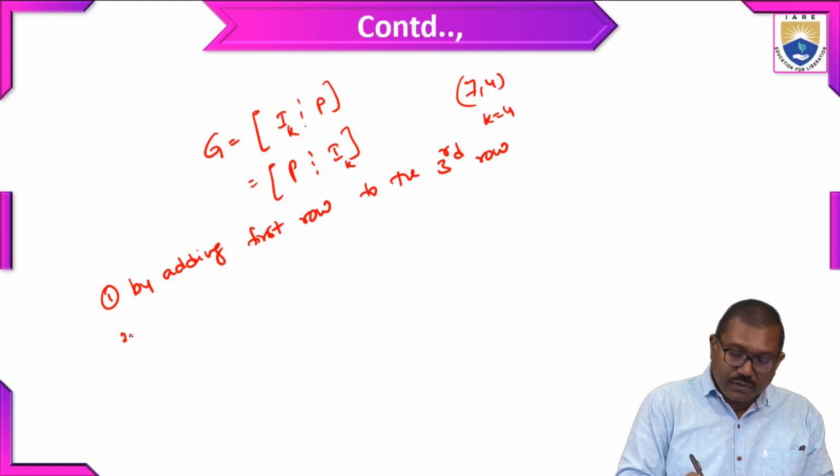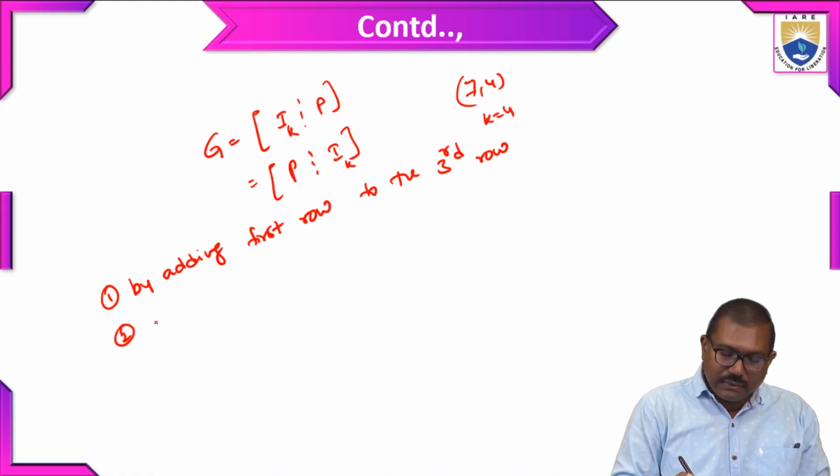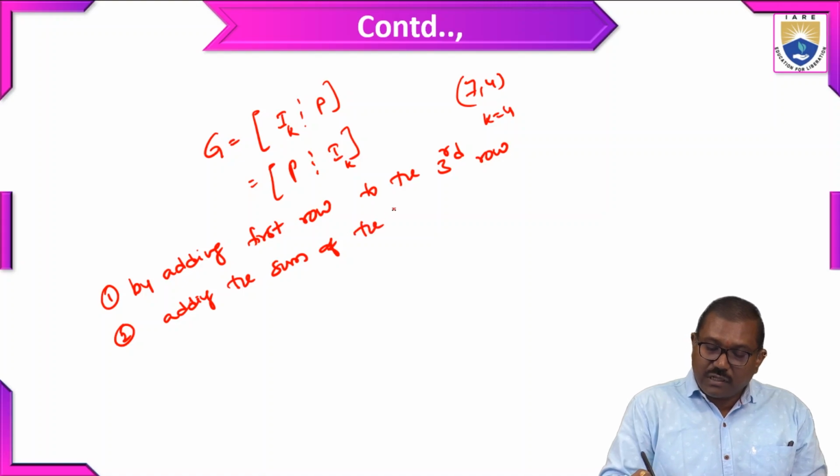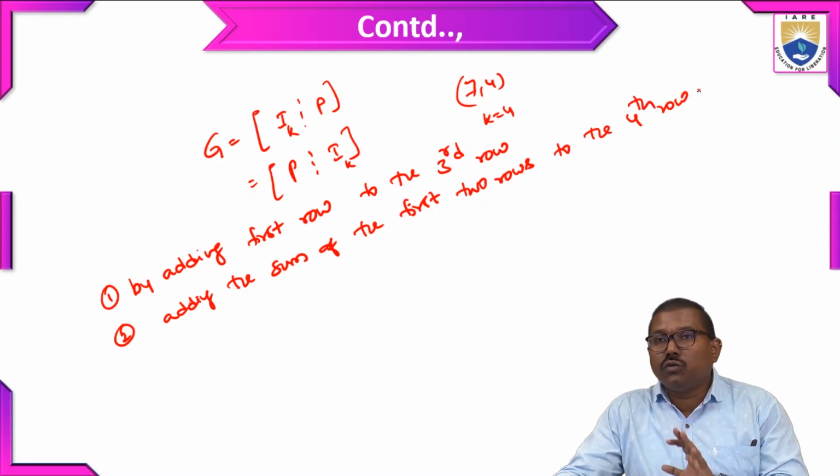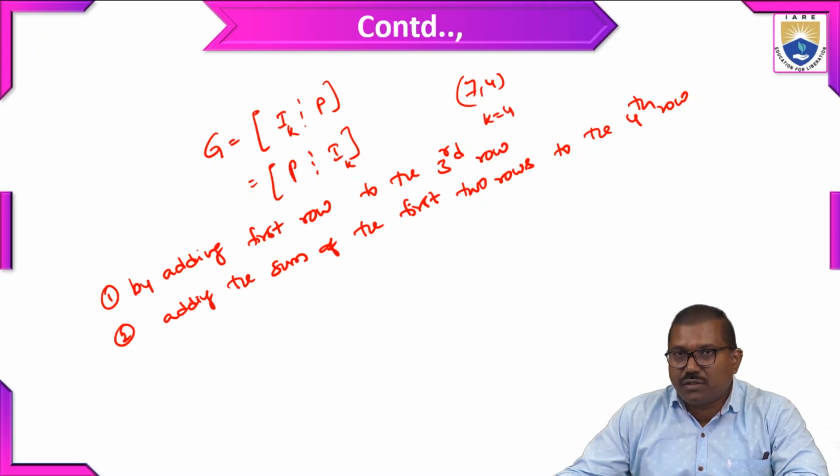Second, adding the sum of the first 2 rows to the 4th row.